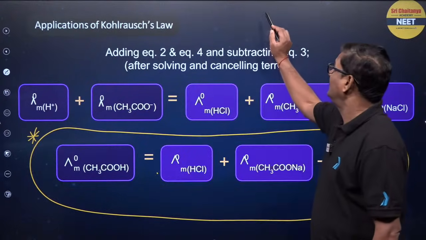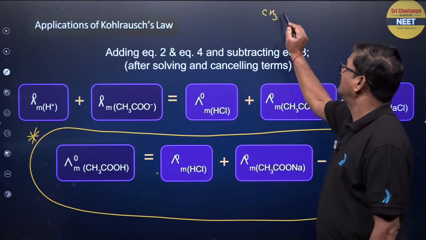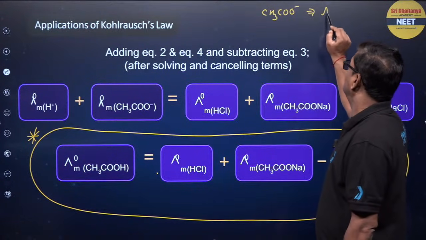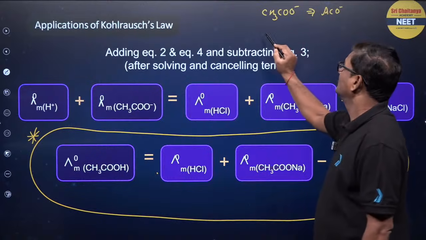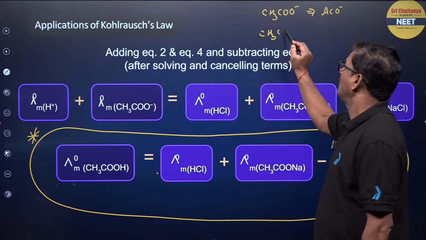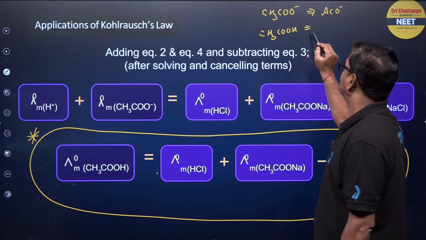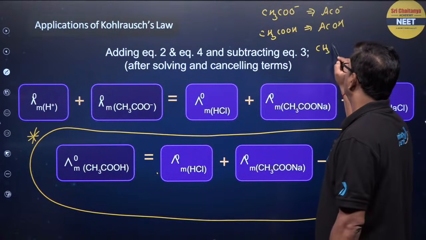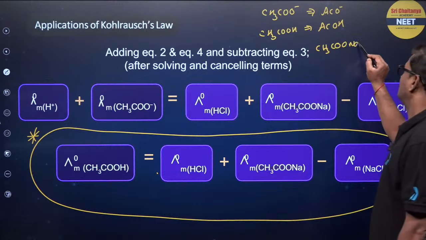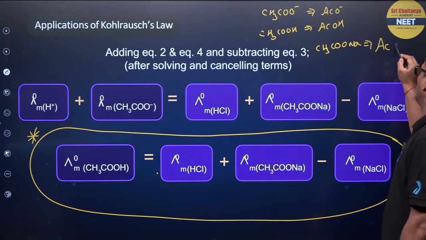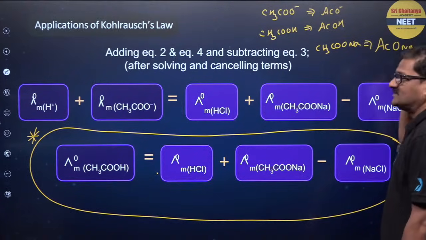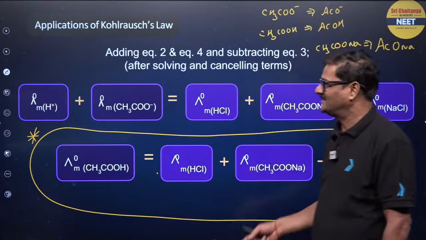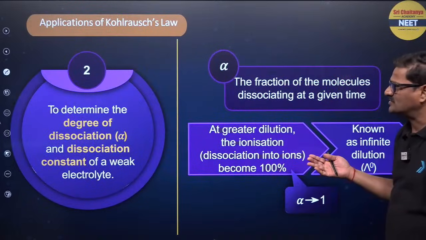In the NCERT, CH3COO minus is abbreviated as AcO minus, CH3COOH is abbreviated as AcOH, and CH3COONa is abbreviated as AcONa. Here Ac stands for acetate. Understand? Similarly, sodium hydroxide also you can do.